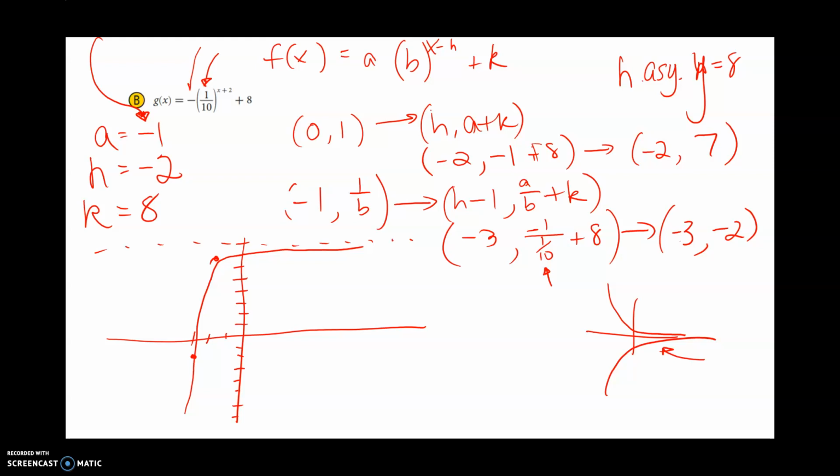So it is a decay that's been reflected over the x-axis, similar to what I showed you here. But we follow the same process. Identify a, h, and k. Get your reference points and your asymptote, and you'll be able to graph it.